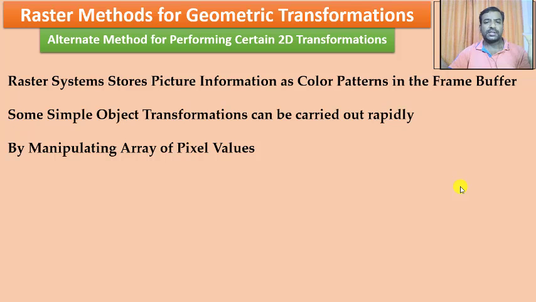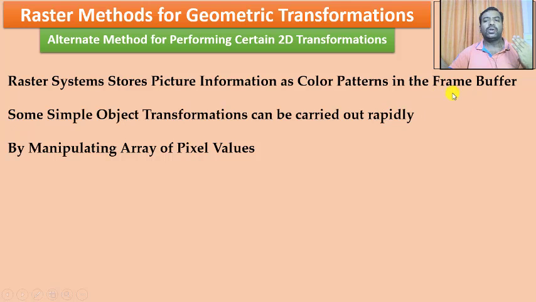So you are aware of what all these components do in a raster graphic system. Whatever you see on your display is the information or data stored in the frame buffer.